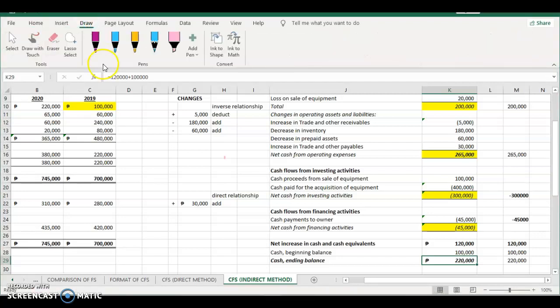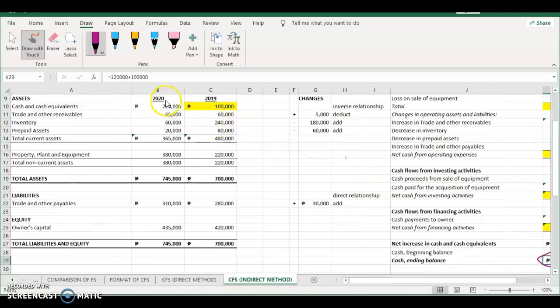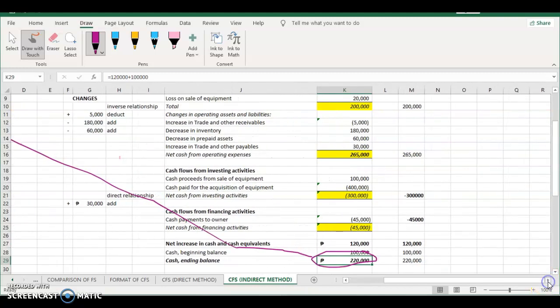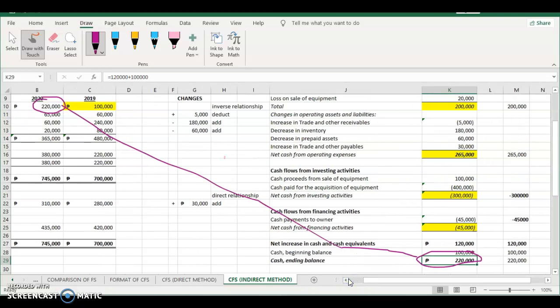Okay. As you can see here, class, this is 200,000, 20. And dito, 220,000. Okay? So, dapat equal silang dalawa. Ayan. Kaya magkakonekta. Lahat ng financial statements natin magkakakonekta sa bawat isa. See? So, dapat pareha. So, that ends our discussion on indirect method.